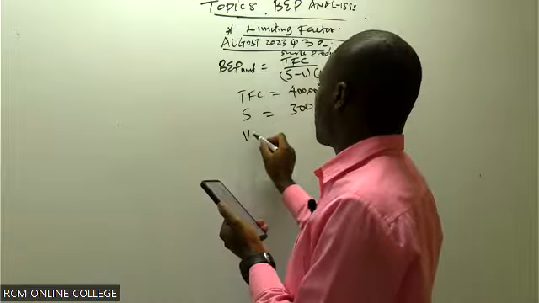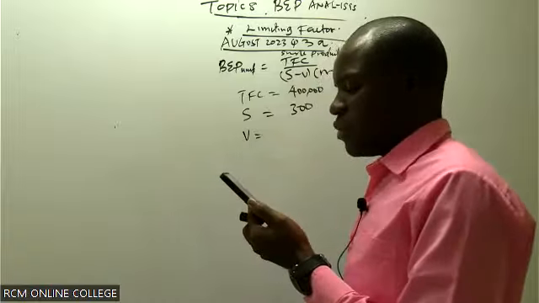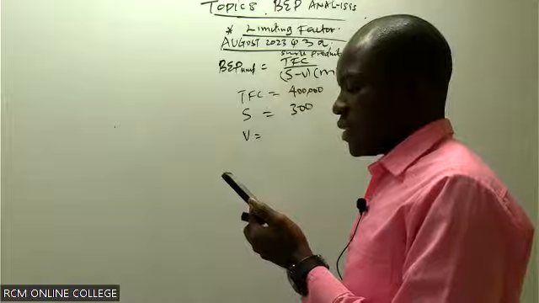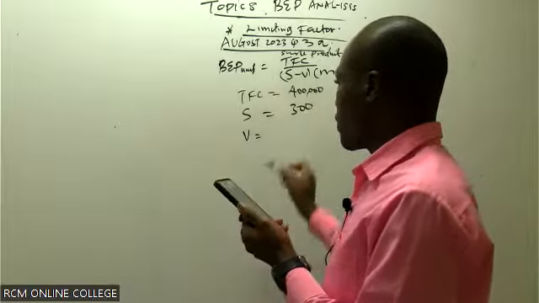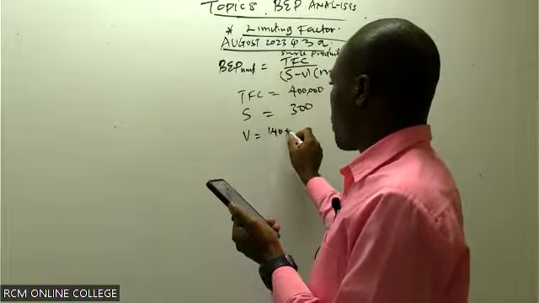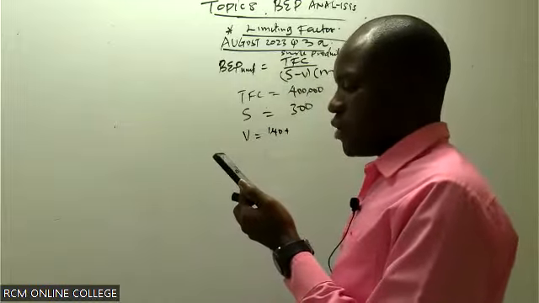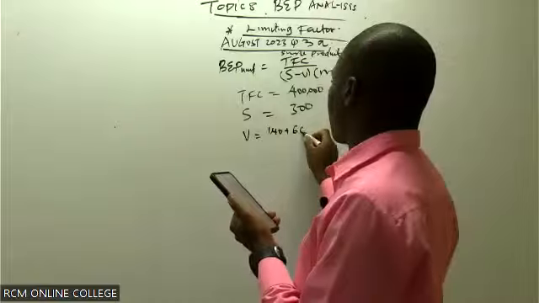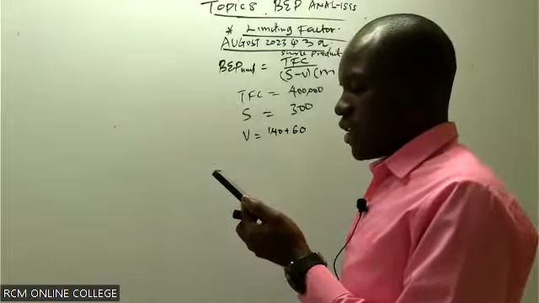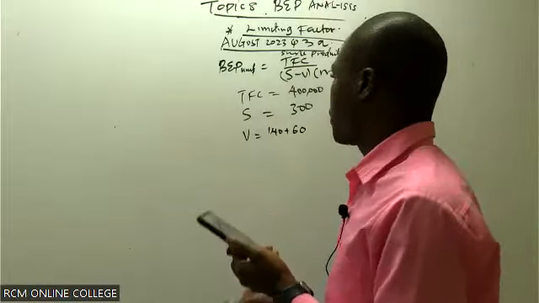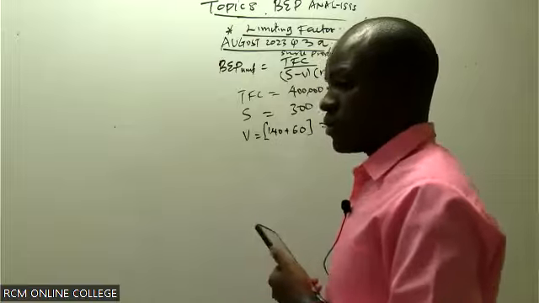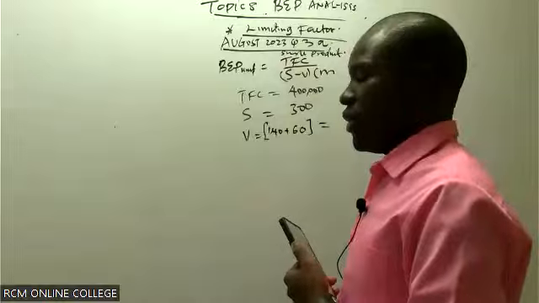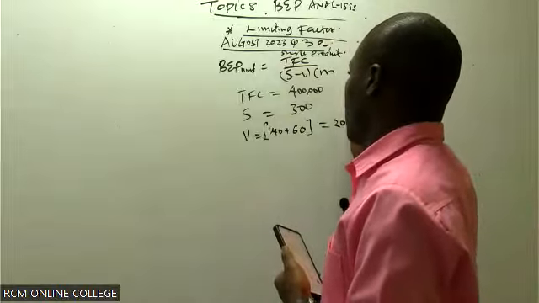Our variable cost per unit of salon: I'm able to see variable material costs of 140, and variable labor cost of 60. Do we have any other variable cost that we are leaving out? No. So it will be equivalent to 200.